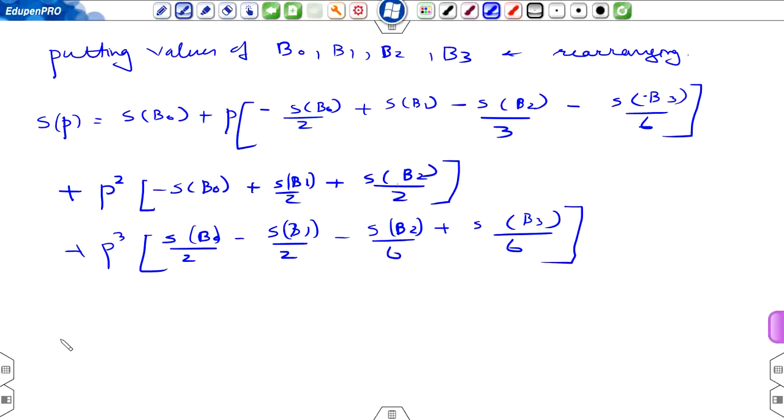Okay, so S of p can be written as S0 plus S1 p plus S2 p square plus S3 p cube, and comparing this to the equation, I can express both the equations into a single matrix form.